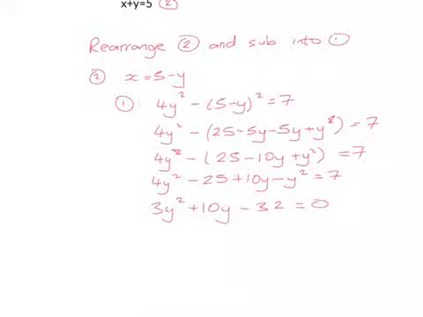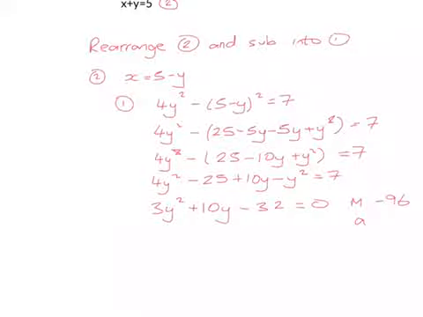Okay, what we can do now is solve the quadratic and get our two values for y. Once we've got our 2 values for y, then we can go ahead and get our 2 values for x. So in this case, our m is going to be minus 96. Okay, as you can see, it's going to be quite a complicated one. Minus 96.